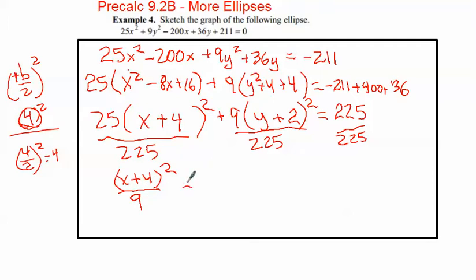And likewise, since 9 times 25 is 225, we're going to have a 25 underneath here, with y plus 2. So we now see that the major axis is going in the y direction. And we have a 1 here.